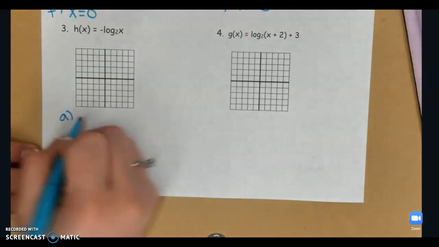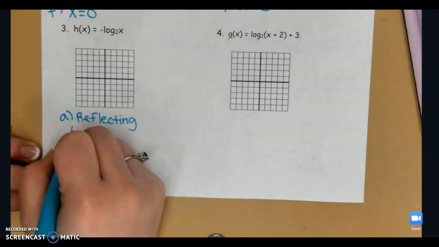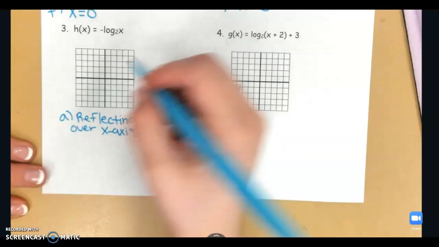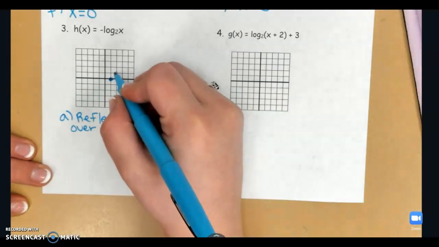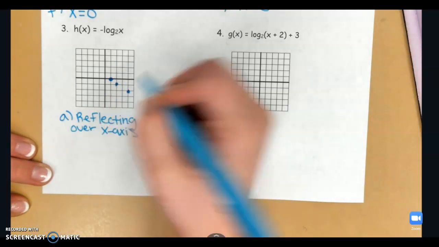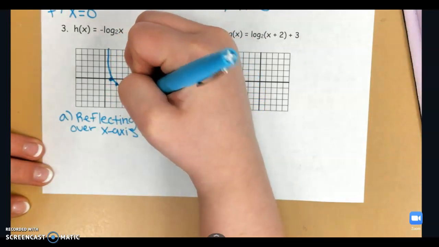On 3, I am reflecting over the x-axis. So I'm going to take my points from my initial function and reflect them across my x-axis. And my function is going to kind of be turned upside down.